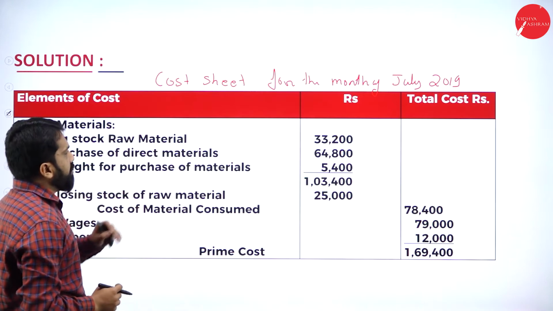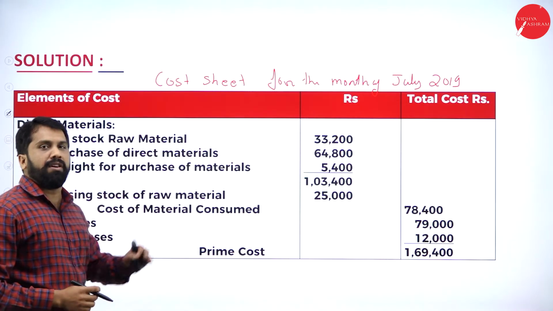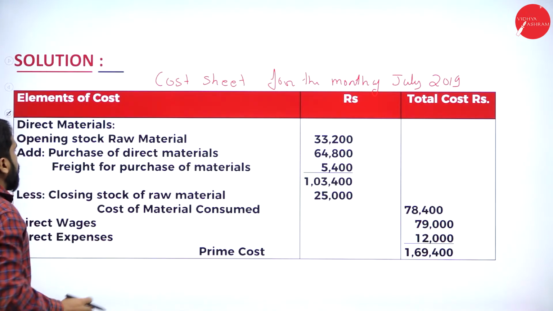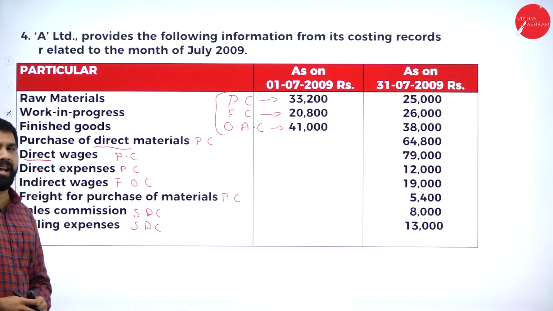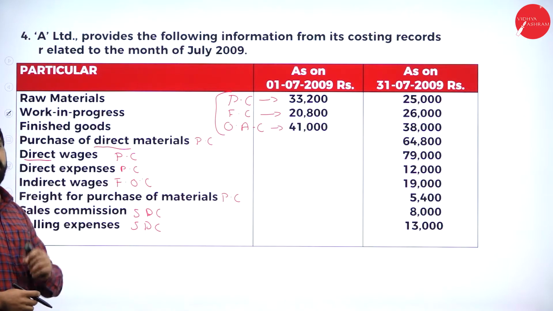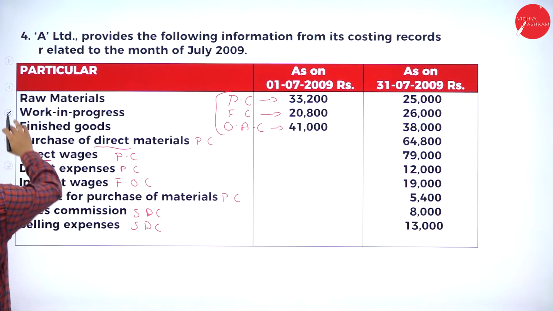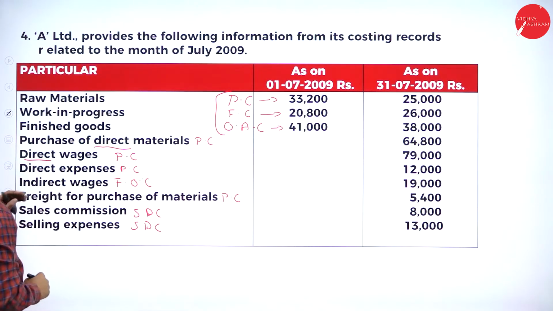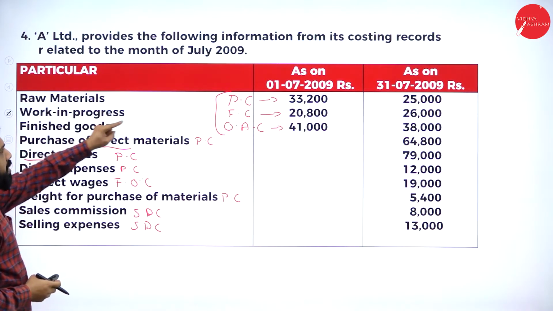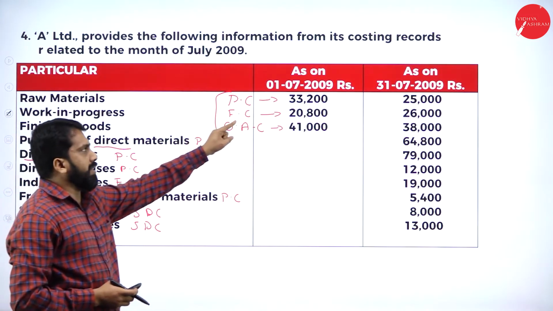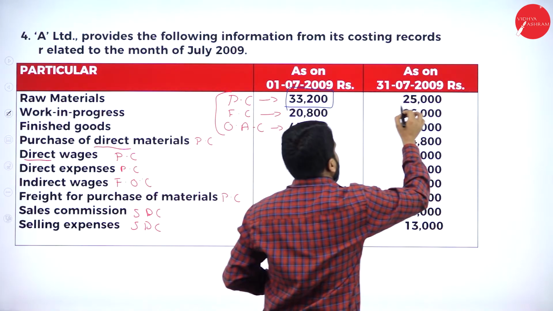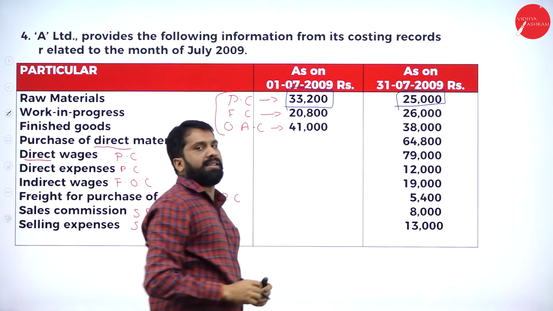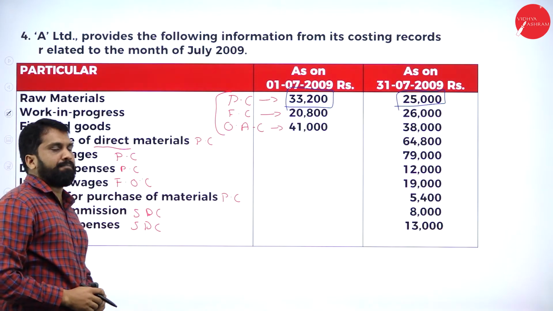Now, once you have done this, you have to go for the answer. We'll go back to your question. Wherever it is mentioned as prime cost, we'll take those prime cost items. As per this, raw material opening and closing. Opening 33,200, we have to take under prime cost, as well as 25 as closing balance, we have to consider for prime cost.